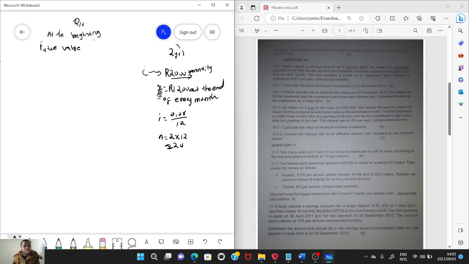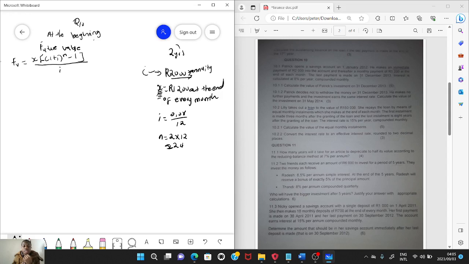Now things change when we reach this part. Now we minus 1, all over what? All over i, right? Now we have been given x, which is the monthly payment.